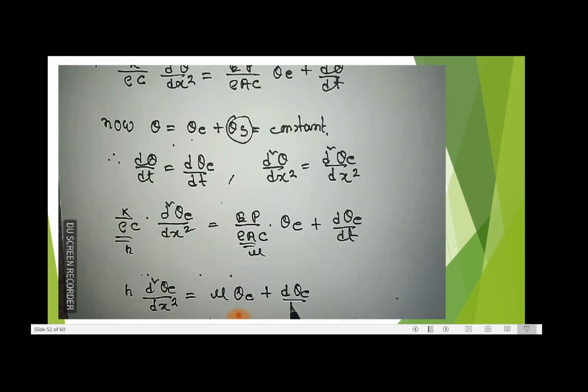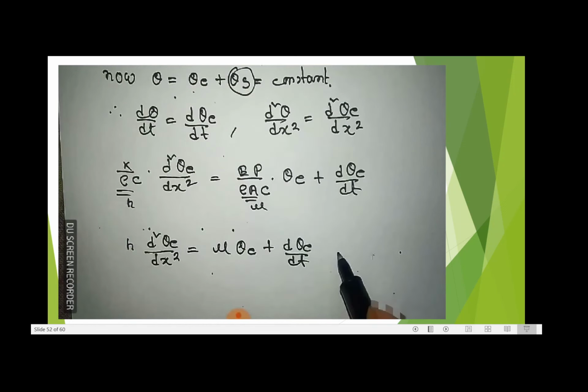Now we have to get the solution of this equation. To do this, we change the page.